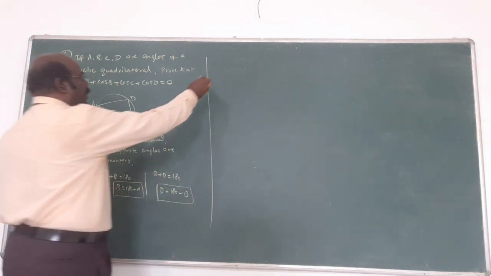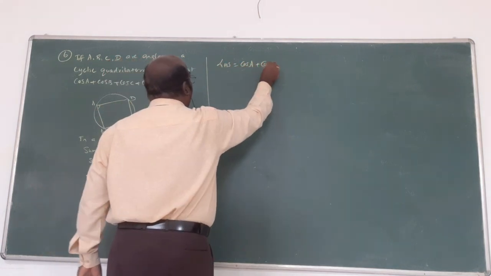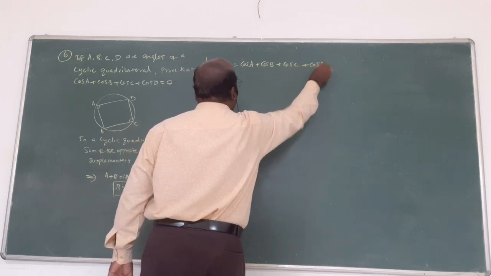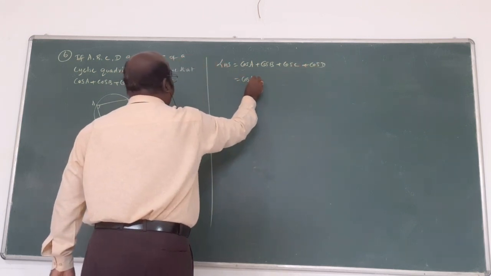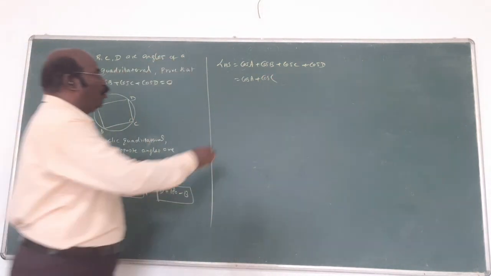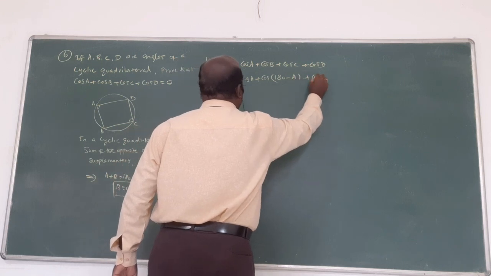Now start with the LHS. What is the LHS? Cos A, cos B, cos C, cos D. Now cos A has no change. B is what? Already found: 180 minus A. Cos C no change.